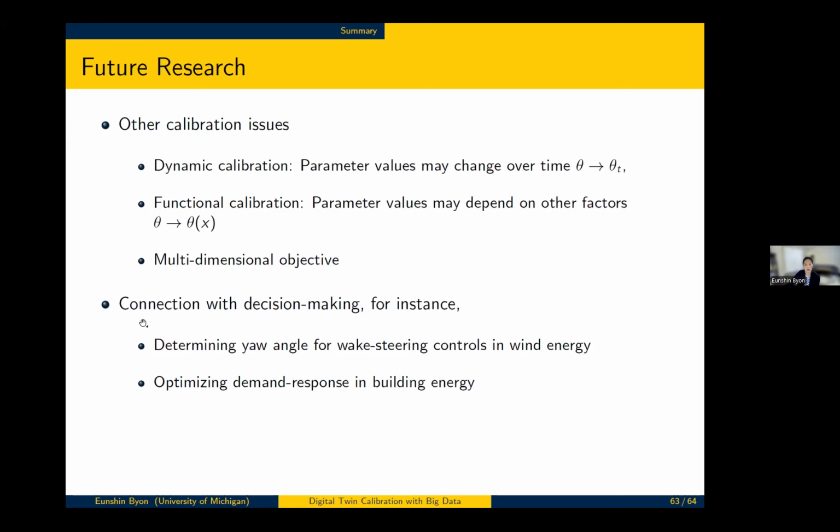So we want to connect with decision making. For example, in wind energy, we can use this well-calibrated digital twin model to decide the yaw angle, or the turbine direction, for wake steering control. And in building energy models, we can use this digital twin to optimize the demand response program.